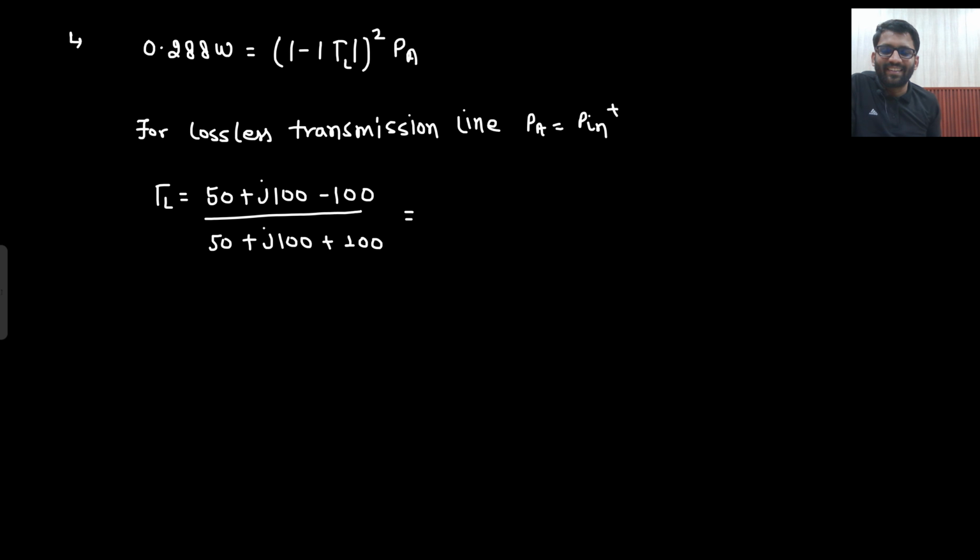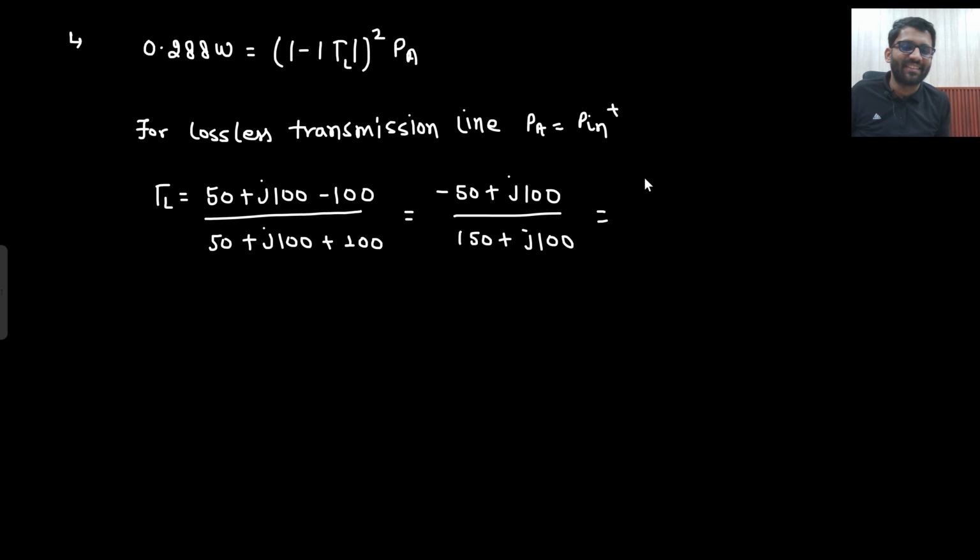What I should have done is minus 50 plus j100 divided by 150 plus j100. Now I should take common factors, no? Why am I doing this large calculation? Minus 1 plus 2j, taking 50 common, and here I will be left with 3 plus 2j. Now I can find the magnitude very easily.